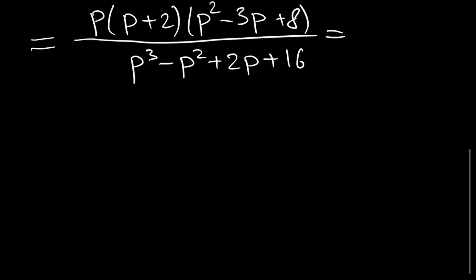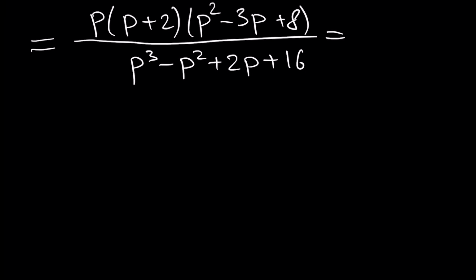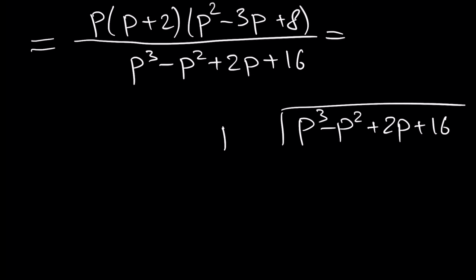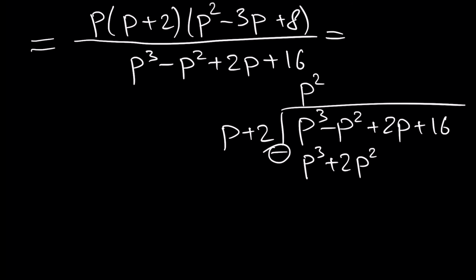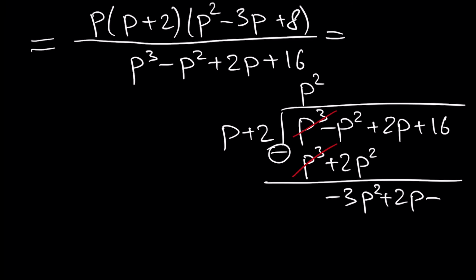Let's check it and divide our polynomial p cubed minus p squared plus 2p plus 16 by p plus 2. The result will be p squared. Here we have p cubed plus 2p squared. After subtraction, we have a cancellation here. We have minus 3p squared plus 2p plus 16.